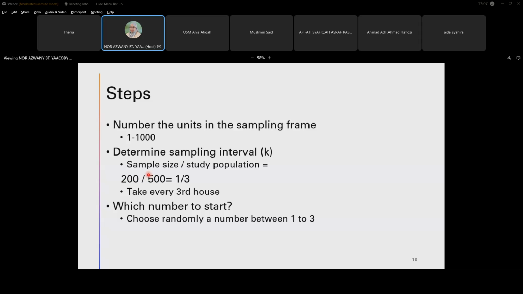Let's say you have 500 houses, but you need only 200, then you divide 200 by 500, then you get 2 over 5. So you take every third house. You can start randomly from 1 to 3. So you have to explain the whole lot if you are answering on systematic random sampling.